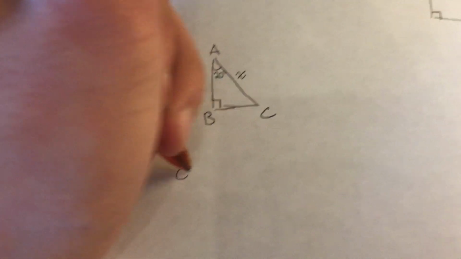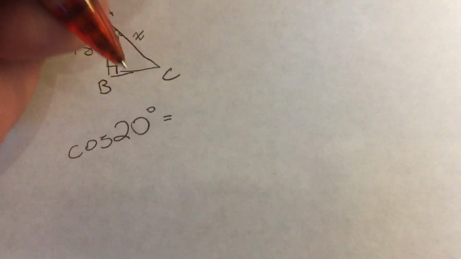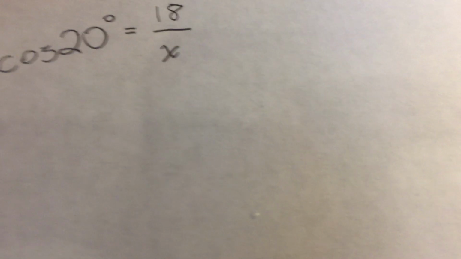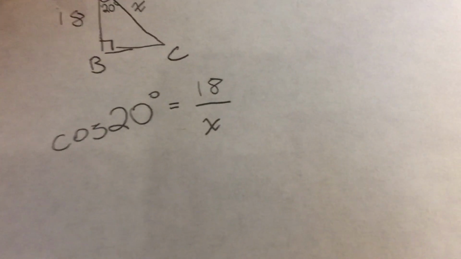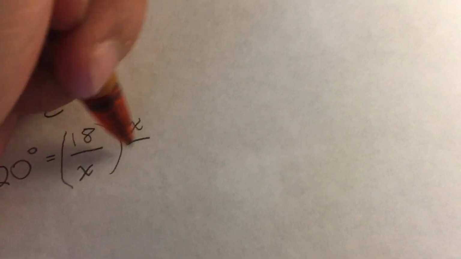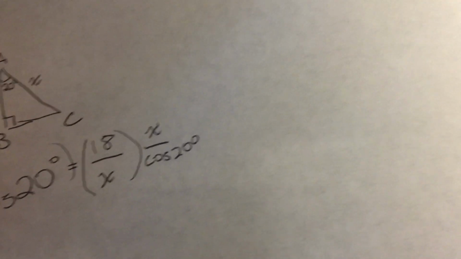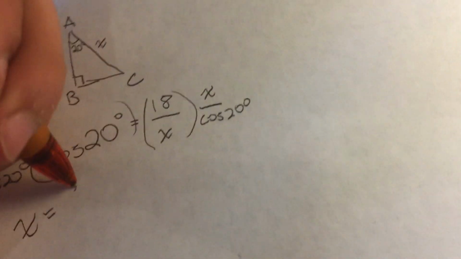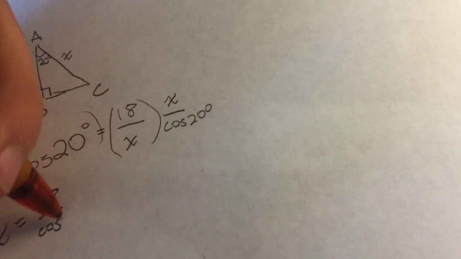So you would do the cosine of 20 degrees. Since cosine is adjacent over hypotenuse, you would do x over 18. Now, this is weird. You gotta isolate that x. So you would multiply both sides by 18 over cosine 20, to get x is equal to 18 over cosine 20.